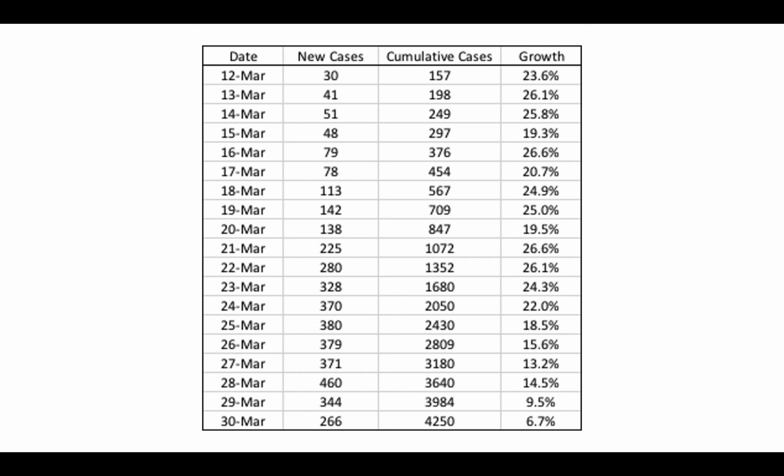The second thing is, I think that quite a bit of this reduction is from fewer people coming in from overseas. And so that's good news, but what's really important is what's happening locally and the cases that are being transmitted locally, because that's where the next potential growth could come from.